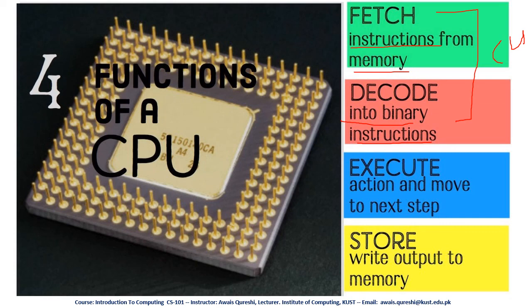It executes some instructions like a plus b is equal to c, and then moves to the next step and writes output to the memory. This step is performed by the ALU part. So fetch and decode are performed by the control unit, and then it executes instructions and stores the results in the main memory, or we can say in the display.